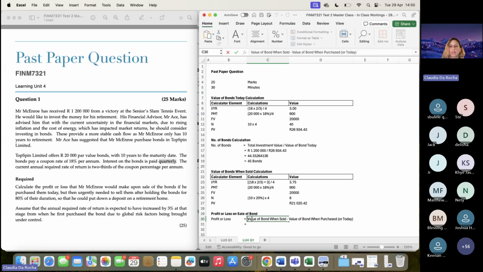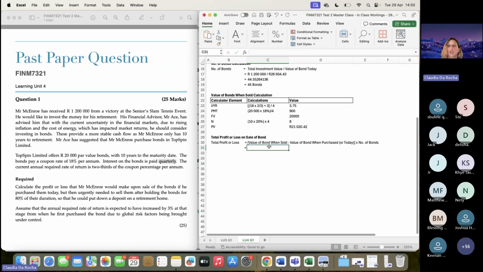And we've also got to multiply it by the number of bonds that were purchased, because we want the total profit and loss. That's what I want. I don't want profit and loss on one bond. I want the total.